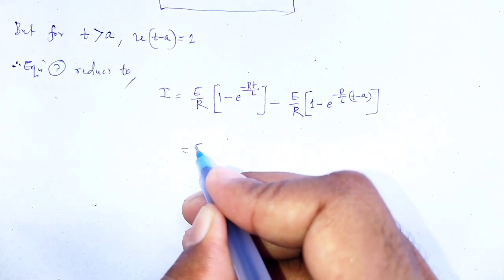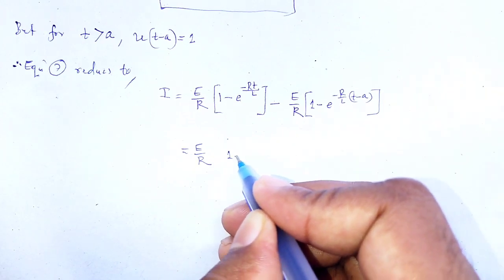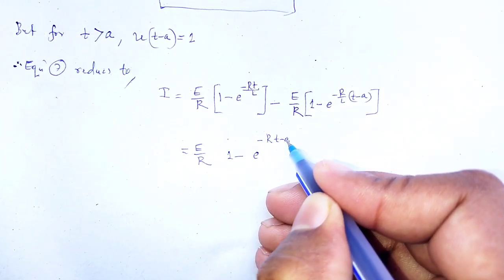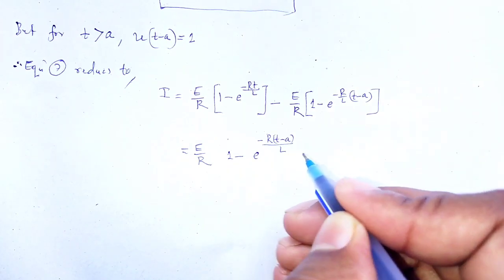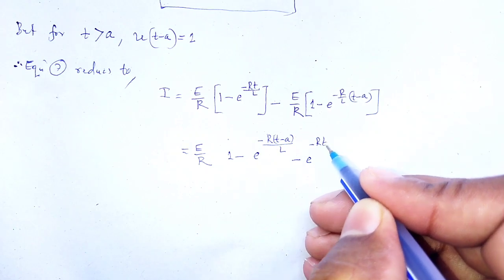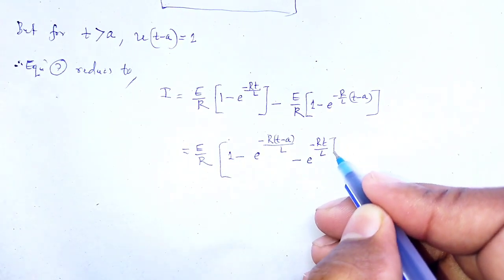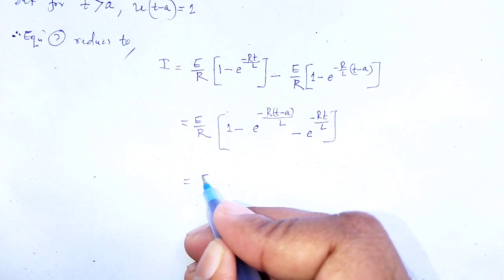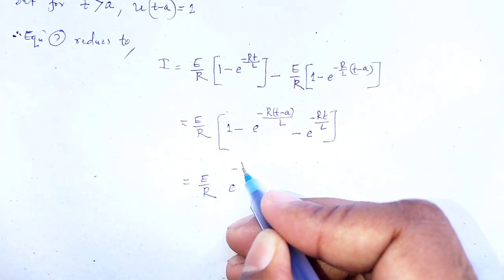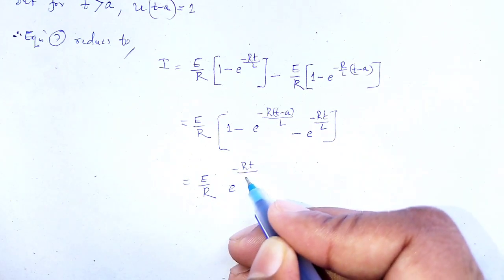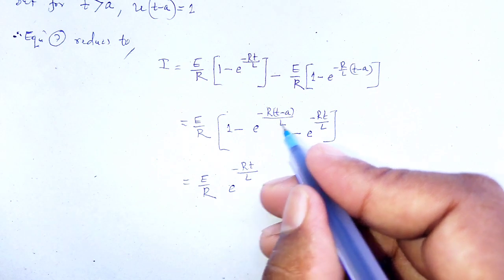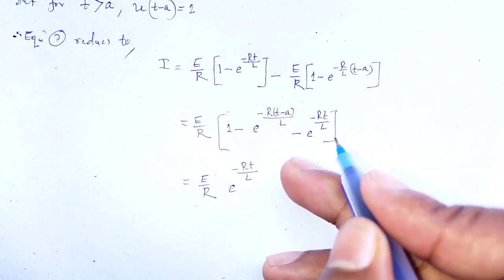Taking E by R common, 1 minus e to the power minus R into t minus a divided by L, minus e to the power minus Rt by L. Therefore, E by R e to the power minus Rt by L is common on these two sides.